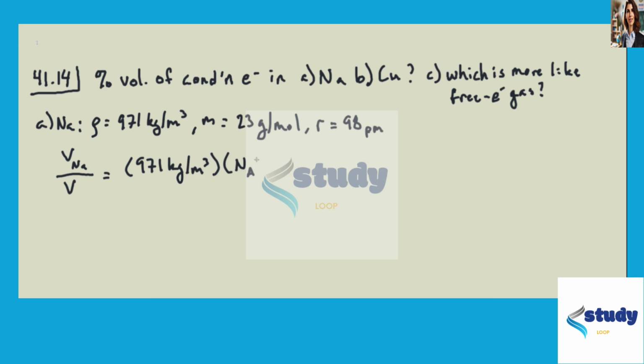Have the Avogadro constant here, 4/3 pi, and then our radius cubed.